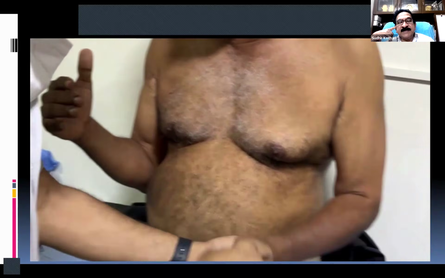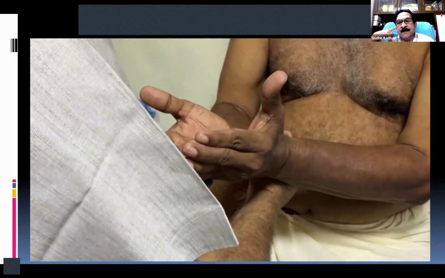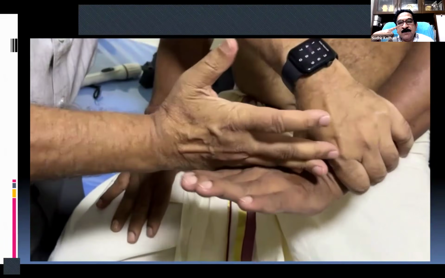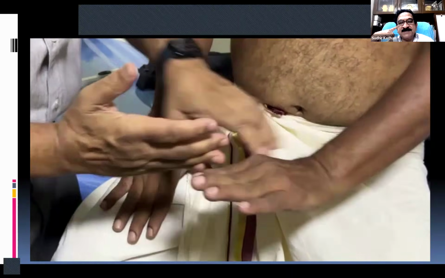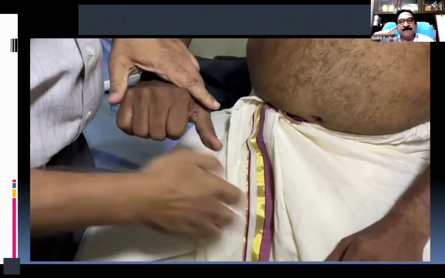External rotation normal on the right side, weak on the left side. Very good. Internal rotation normal. Wrist muscles are all normal. Finger extension is normal. Finger muscles are normal.